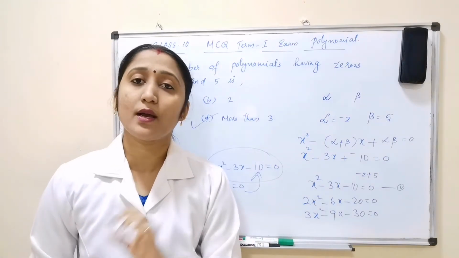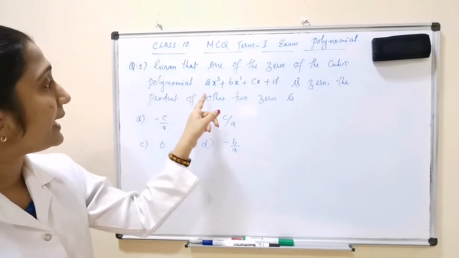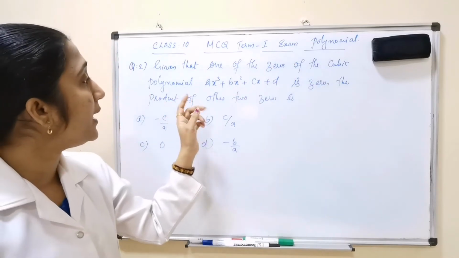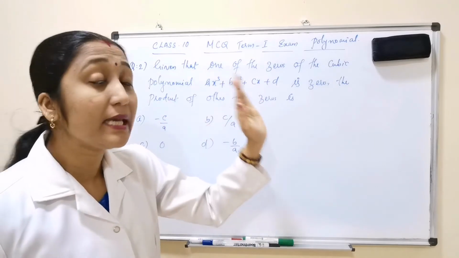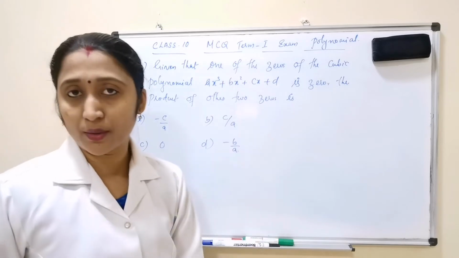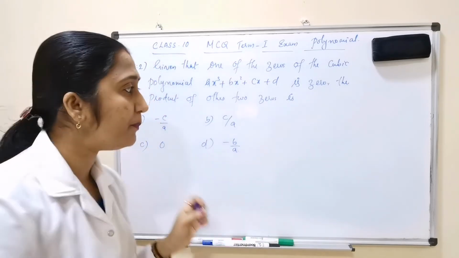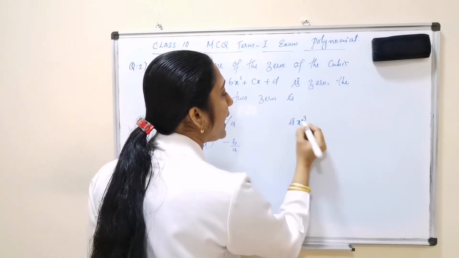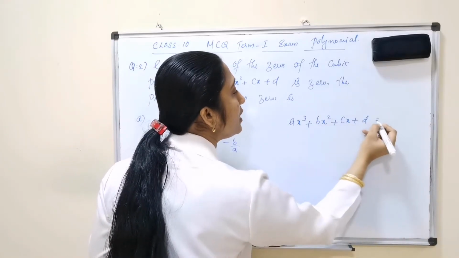Next, we are moving on to the second question. Given that one of the zeros of the cubic polynomial ax cube plus bx square plus cx plus d is 0, the product of the other two zeros is. What does a cubic polynomial mean? The standard form of the cubic polynomial is ax cube plus bx square plus cx plus d equal to 0.